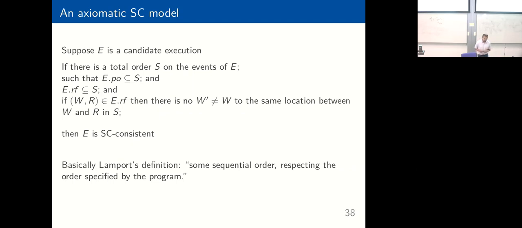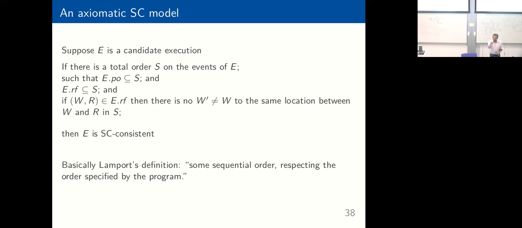And furthermore, thanks for mentioning that, that's excellent. Furthermore, I didn't write it on the slides, the inverse of the reads-from relation should be a function. So every load must get its value from exactly one store, not more than one. So every load gets a value, and it gets its value from exactly one store, not more.